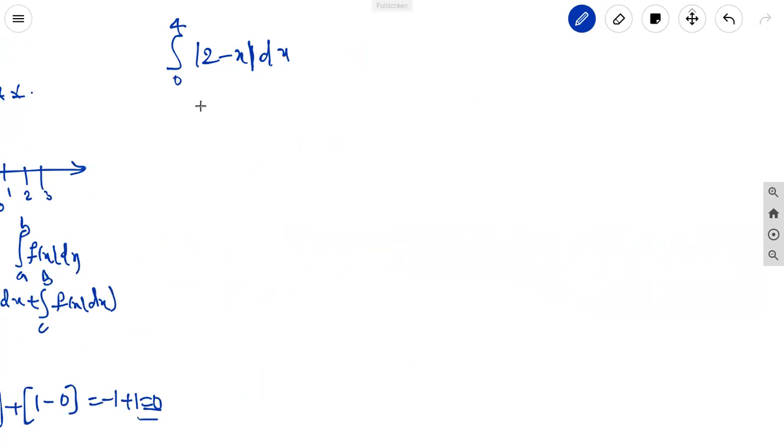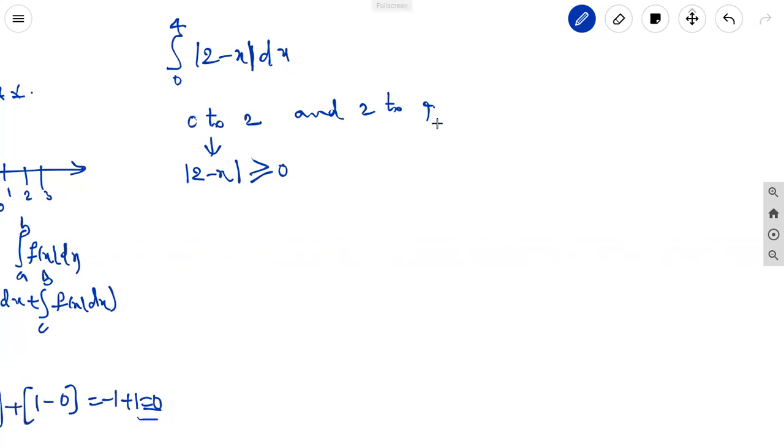Here 2 minus x means just you can take 0 to 2 and 2 to 4. In 0 to 2, mod 2 minus x, 2 minus x is greater than or equal to 0.